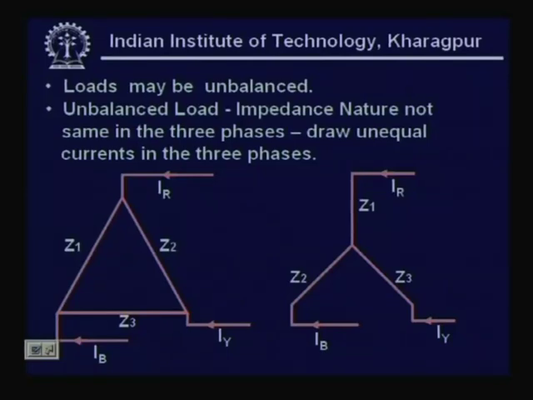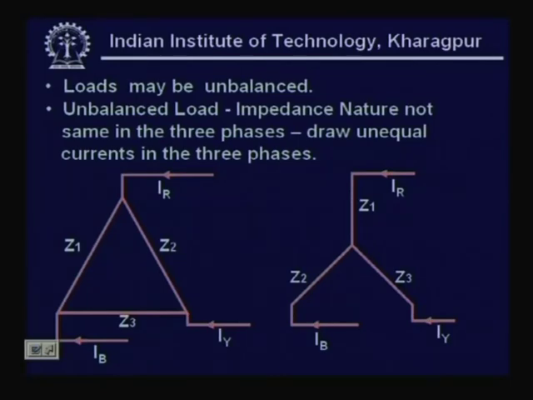And another interesting thing is, although by design one can have a balanced system, but when the power is going to be used or power is going to be drawn, it depends on the user, and I as a designer or generator have no control over the user. So coming back to the discussion on unbalanced thing, as you can see, for both delta and star, you find that the magnitudes of these currents are distinctly different. See, in case of a balanced system, because of the nature being same, the currents are going to be same.